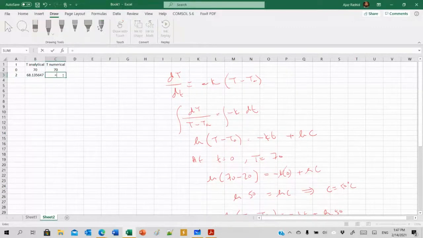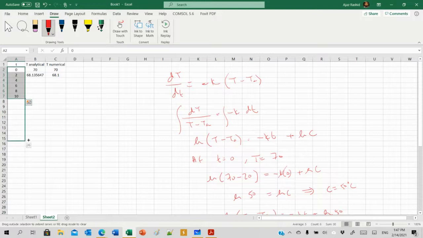The numerical is the old value plus minus 0.019 multiplied by the old temperature minus ambient, multiplied by the step size, which is 2. And I have 4, 6, 8, and of course I can copy it down, make it faster for me.